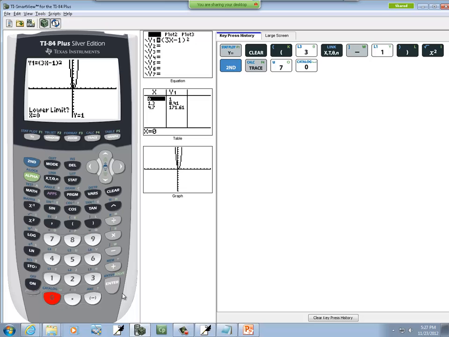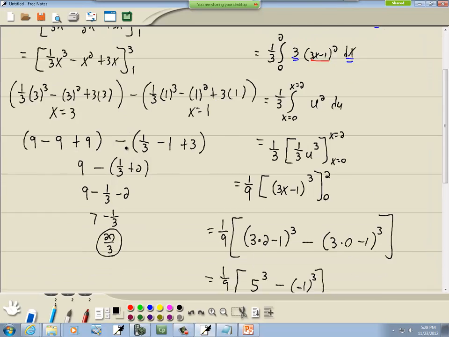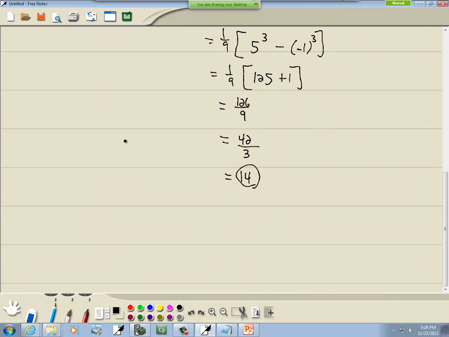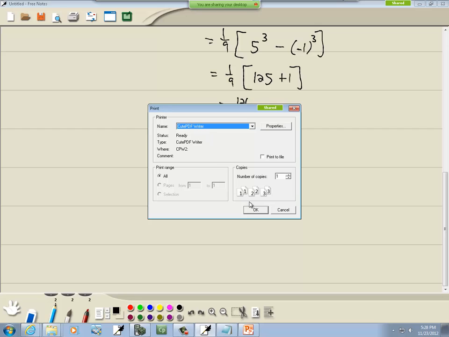Lower limit 0, enter, upper limit 2, enter. And then we got 14. Even if you're doing it by hand, do this to kind of get a feel for what are we finding picture-wise. Definitely helps for the next section.